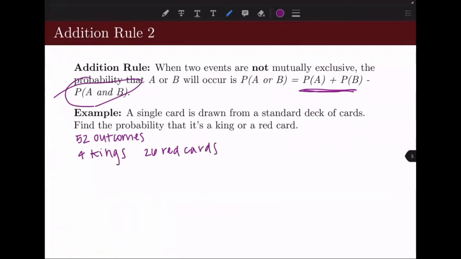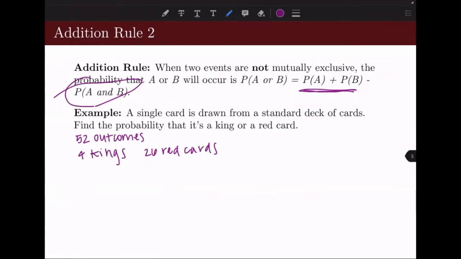The reason there are 26 red cards is because the deck is split between red cards and black cards. The red cards are the hearts and the diamonds, while the black cards are the spades and the clubs. So half of the deck is red, and half of 52 is 26. We also know that some kings are red cards: the king of diamonds and the king of hearts.